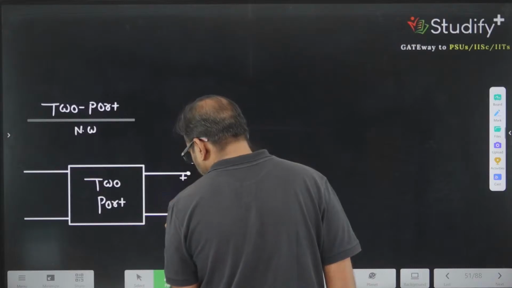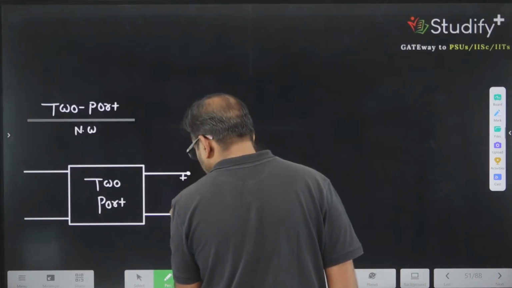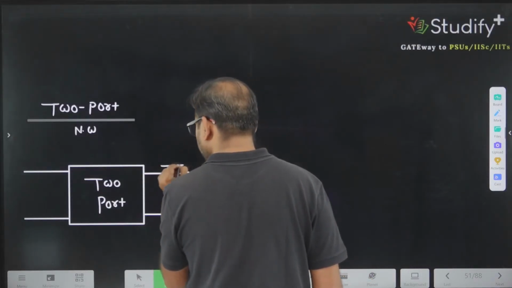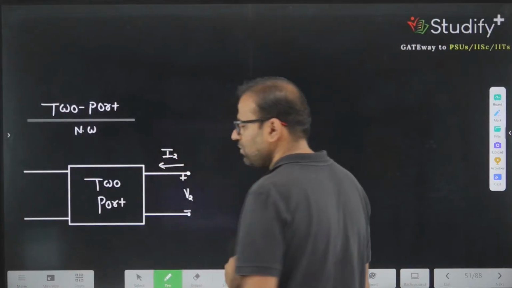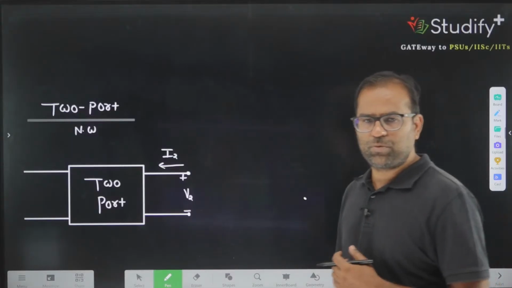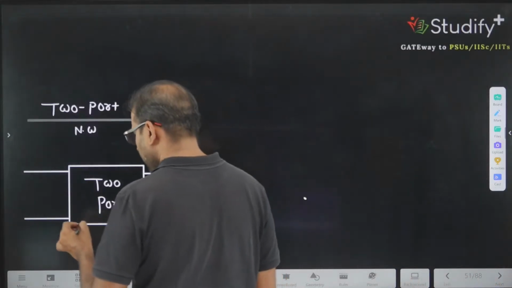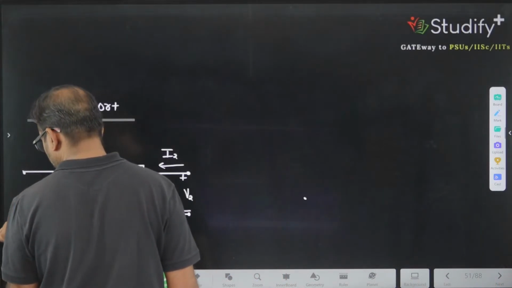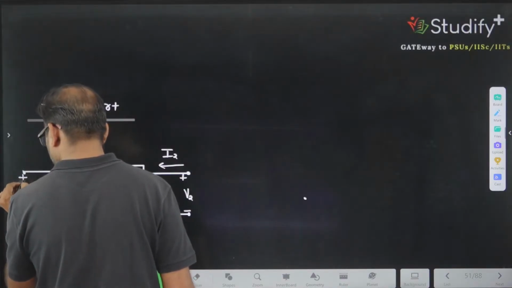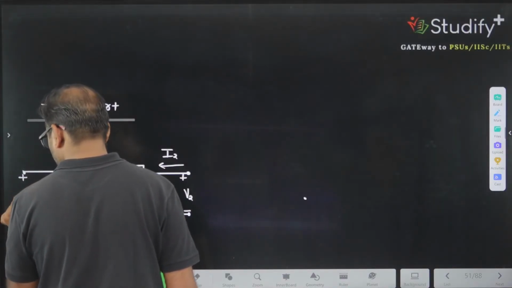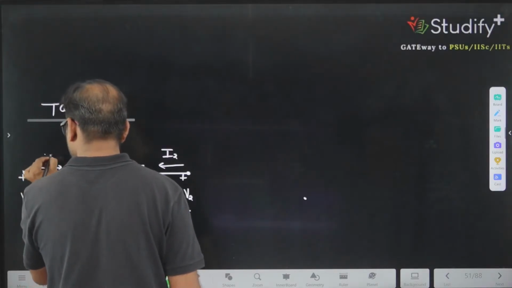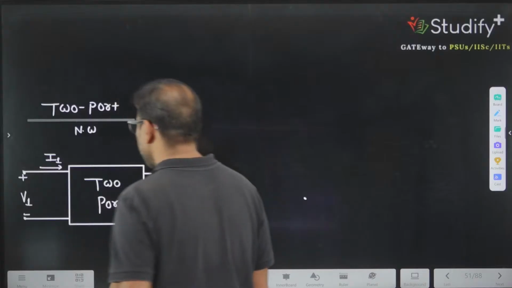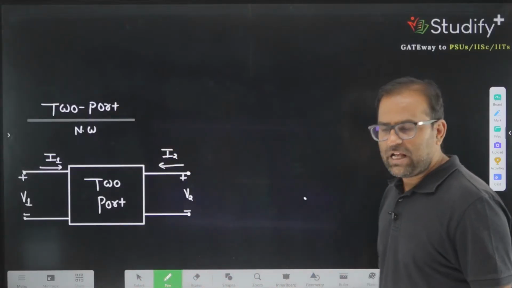out of these 4 variables, 2 variables are independent variables and 2 variables are dependent variables. This is V2 and I2, voltage and current at output port, and here we are having V1 and this is I1. For this two-port network, I will define which model? H parameter model.